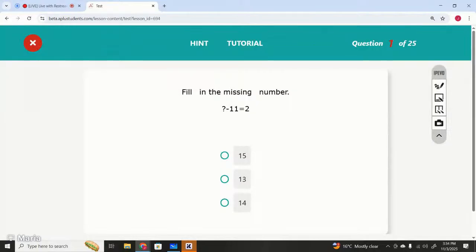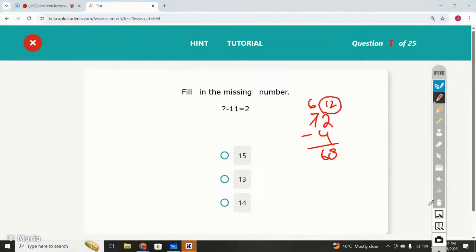Fill in the missing number. So what number minus 11 equals 2? So we are given three options.